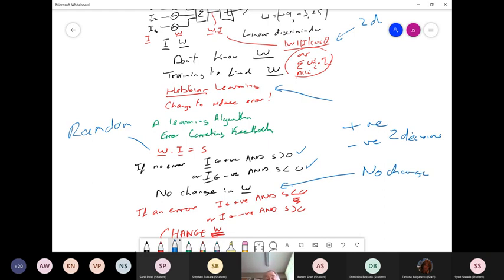If an error, and an error is going to be where the input pattern is the positive class and S, the output, is negative, or conversely, the scalar product is a negative response and the negative class and the scalar product is positive, these will be errors. And we need to change the weight vector.